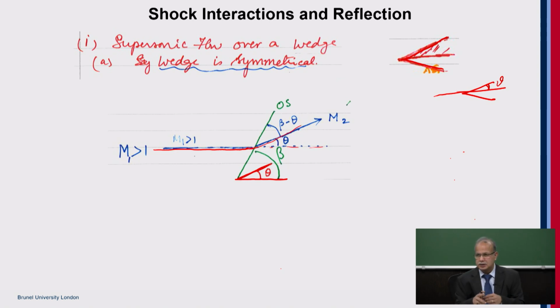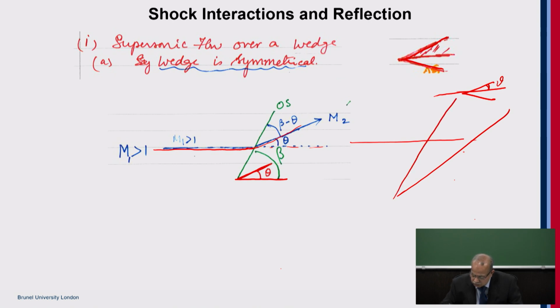Now you can see the benefits of it. The oblique shock will cause the flow to go parallel to the surface. If there had not been an oblique shock, the flow would come and hit the wedge. Now because of the oblique shock, the flow will turn and go parallel to the wedge under supersonic conditions, and this flow will turn exactly by the same angle the wedge has turned.